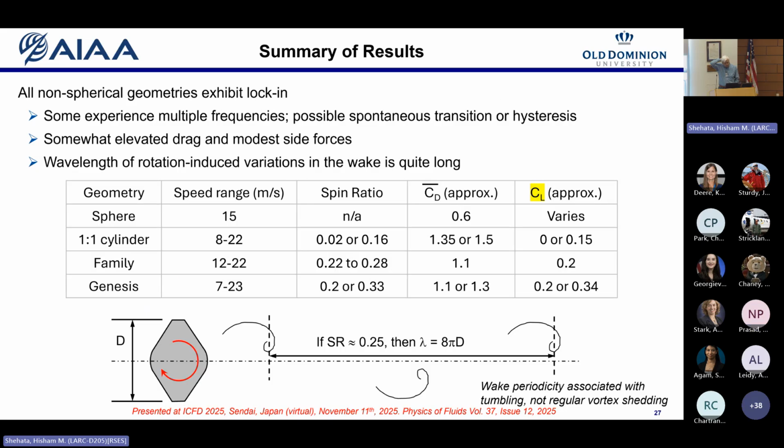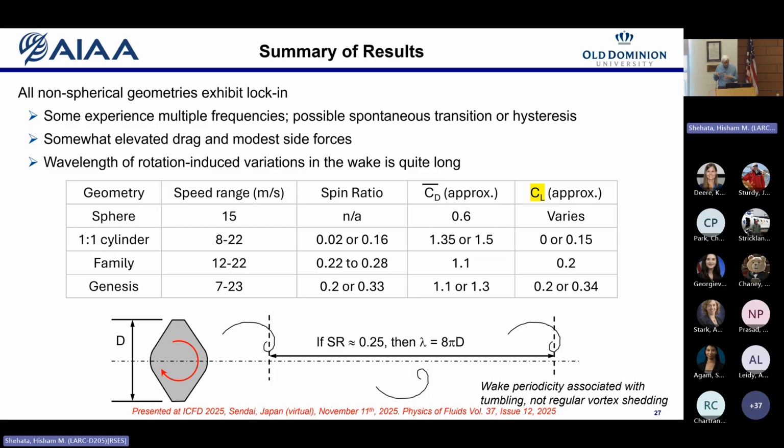Drag coefficients, somewhat comparable. Side force coefficients vary a little bit. The highest side force was the highest spin rate condition for the Genesis capsule. So you get about 0.3 side force compared to 1.3 in drag. So lift to drag ratio of about 1/4.